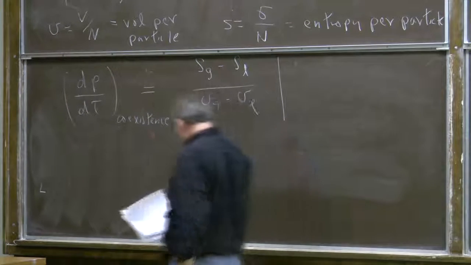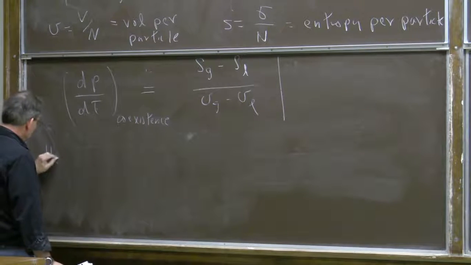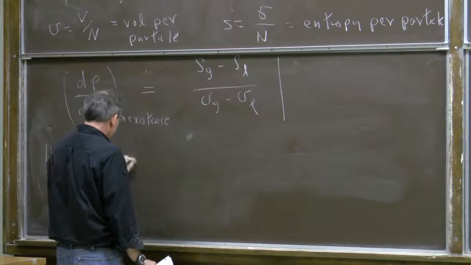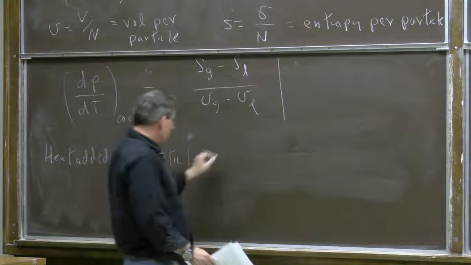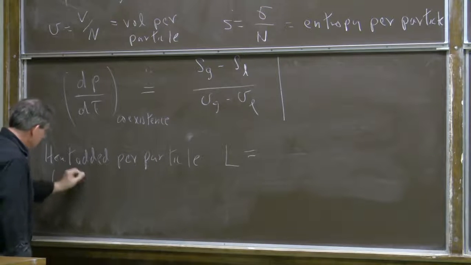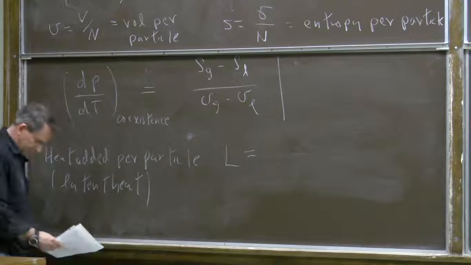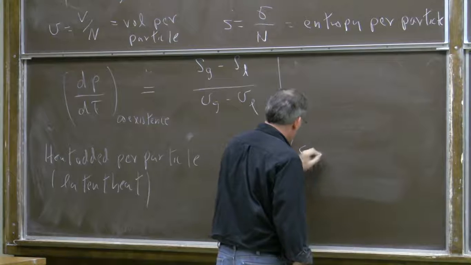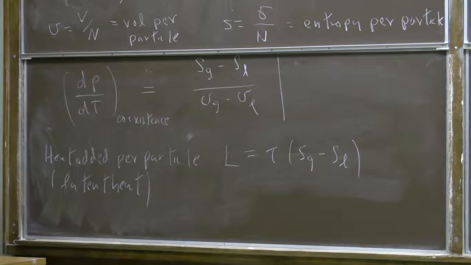The heat added per particle, which we call the latent heat of the transition, is the temperature times the entropy per particle in the gas minus the entropy per particle in the liquid.